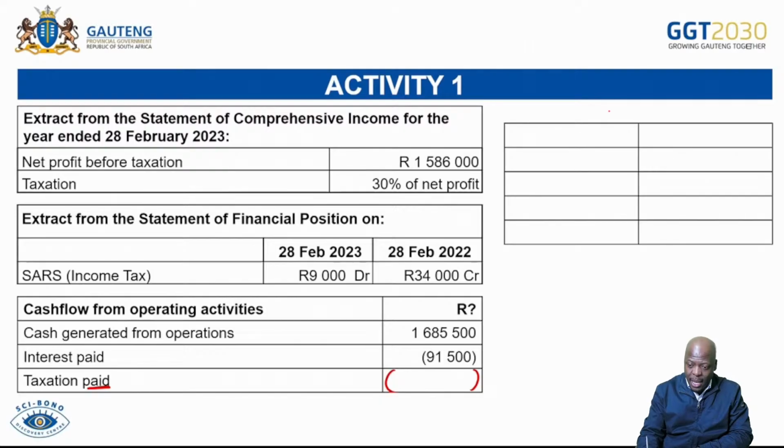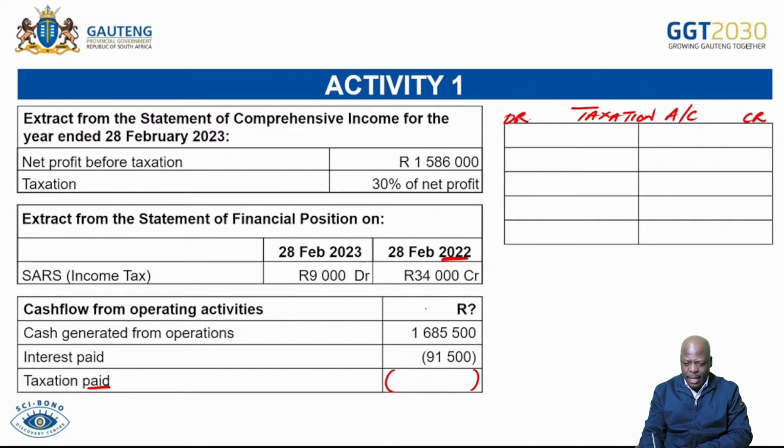So I'm going to call this my taxation account. Here is my taxation account, like that. Then I come to 2022, and I look at what balance my SARS income tax was in 2022. I know that this side is my debit and that side is my credit.